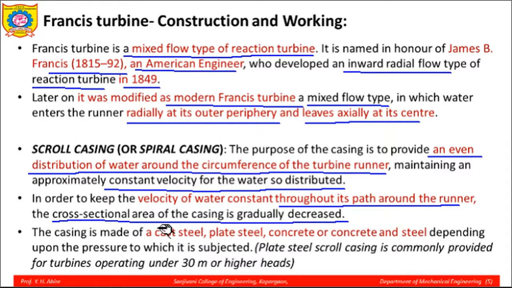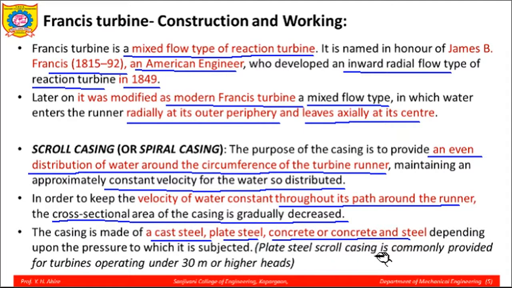This is the reason why the casing has a gradually reducing cross-sectional area, so as to maintain the constant velocity of water throughout its flow around the runner at the entry of the runner vanes. The casing is made of cast steel, plate steel, or sometimes a concrete and steel combination. That depends on the pressure to which it is subjected.